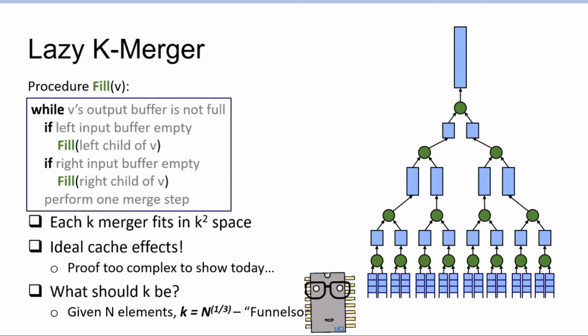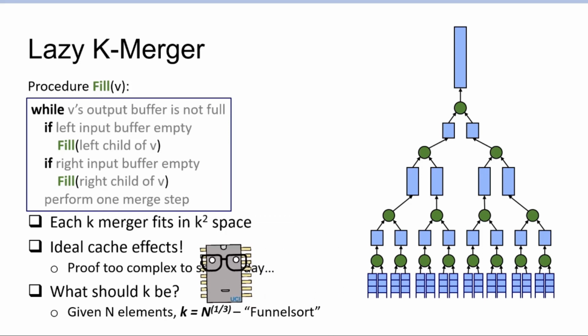The question here is, what should K be? It is a single number K, which is not tied down to the cache hierarchy numbers. You have some freedom in choosing K. It's not going to impact the performance based on cache effects. This is more of an algorithmic thing.